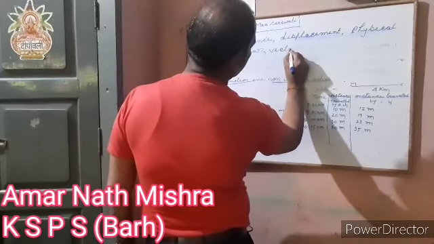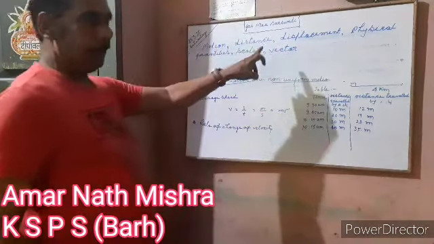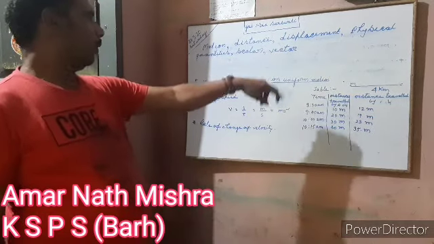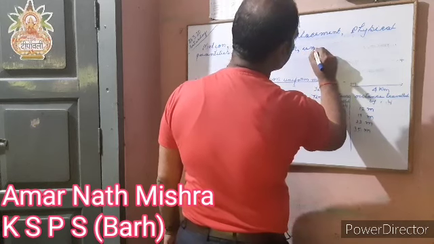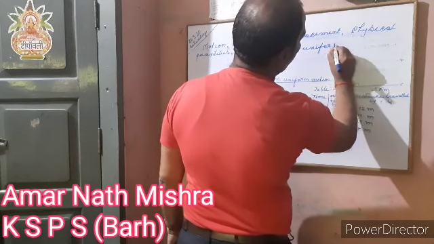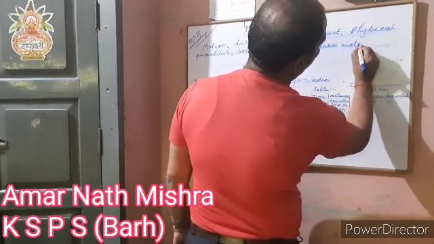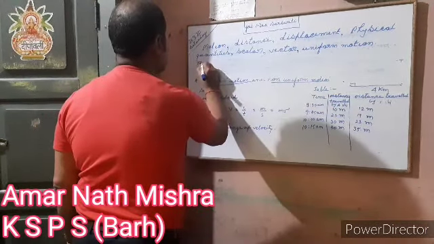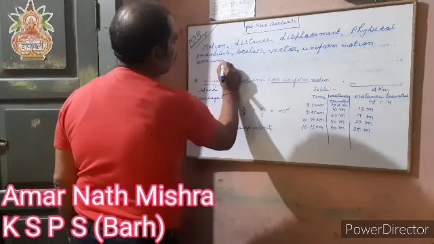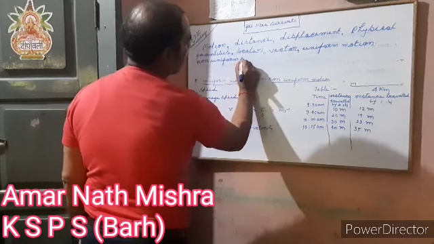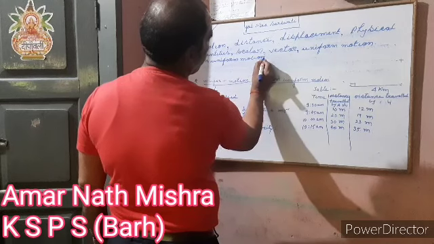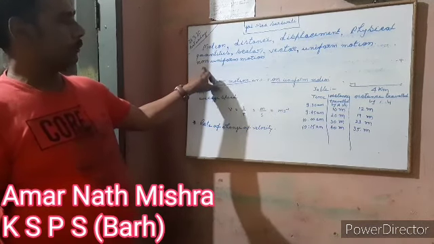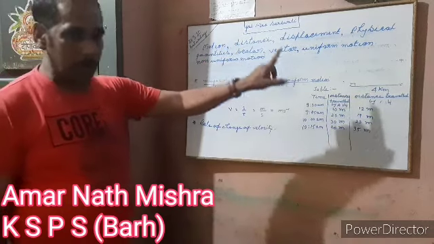Fifth, vector. I will come again. You will have to note down these terms: motion, distance, displacement, physical quantities, scalar quantities, vector quantities, uniform motion, non-uniform motion.